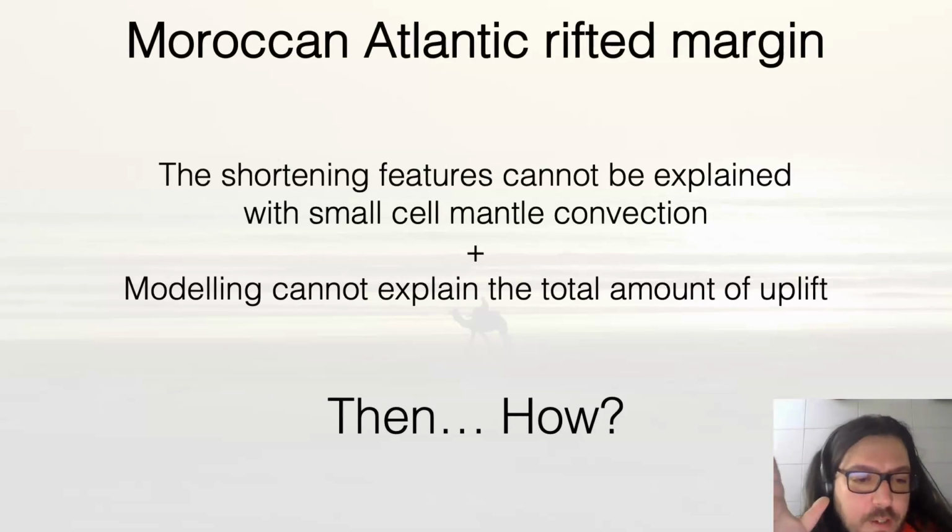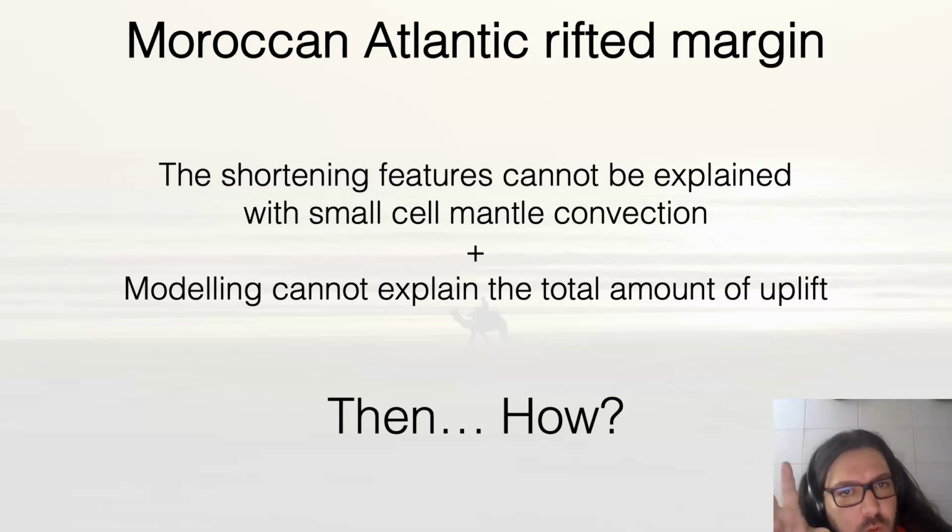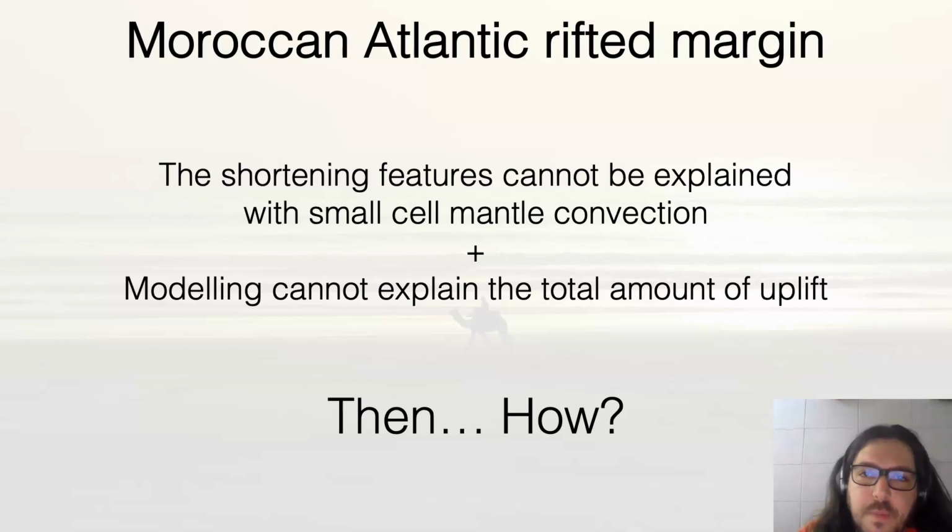So with all this evidence, we hypothesize that mantle convection and far-field stresses may be responsible for the observed deformation features. Mantle convection could have weakened the lithosphere, making it more susceptible to deformation, while far-field stresses may have produced the observed compressional features.